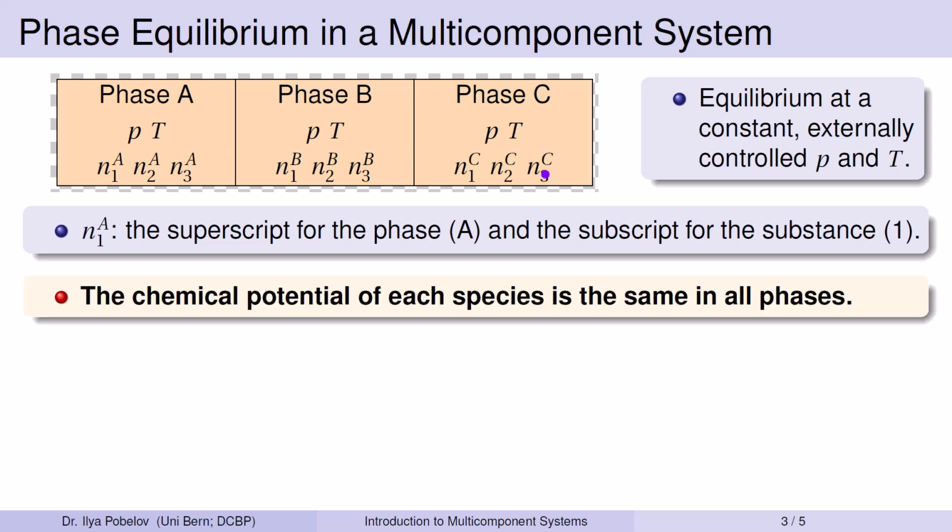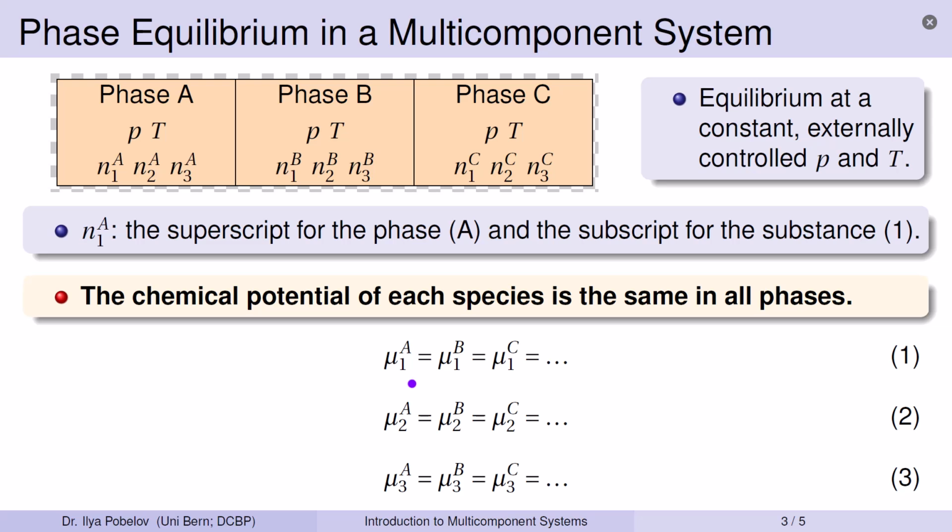The criterion for equilibrium in such a system is the equality of chemical potentials for a given species across all phases. This is represented by the equations shown here. For example, the chemical potentials of substance 1 in phases A, B, and C are the same, and this holds true for the other substances as well.